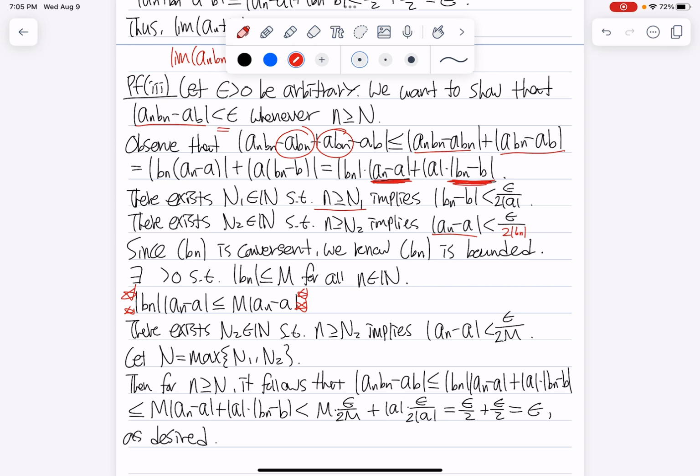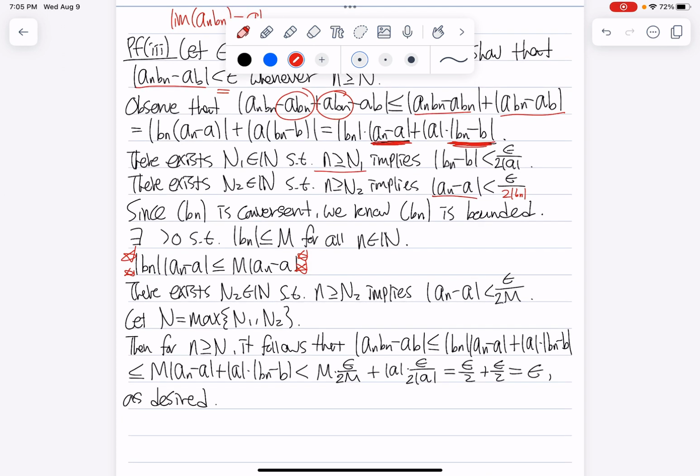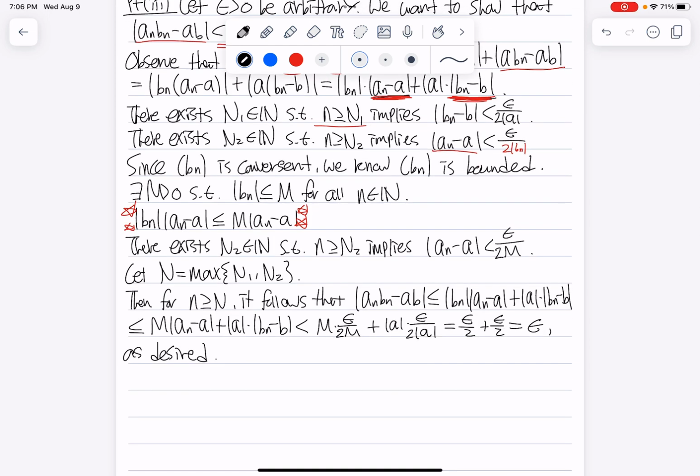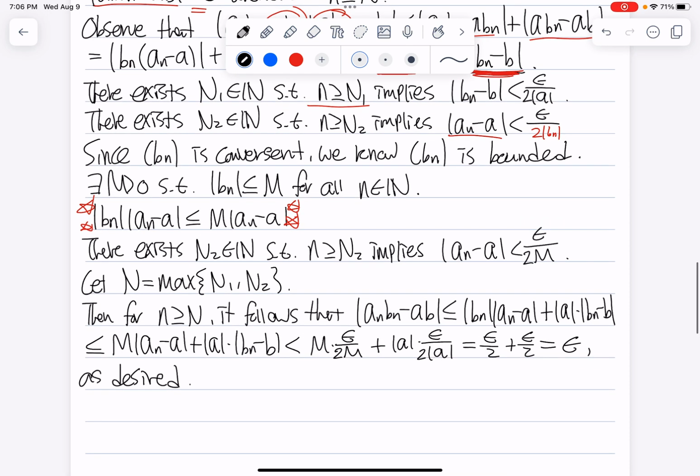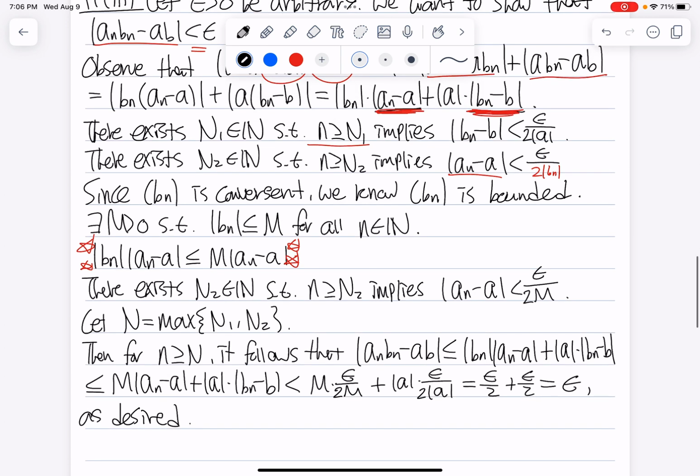So then we could find a number M greater than 0 such that M is greater than or equal to |bn| for all n in the natural numbers. So then we chose an N2 in the natural numbers such that small n greater than or equal to big N2 implied that |an − a| is less than epsilon over 2 times M.